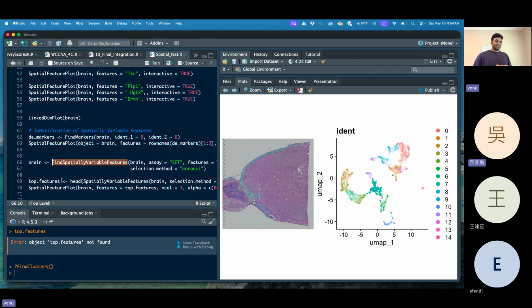So they look at whatever the cell type or gene, as long as the expression level is similar, and using the graph-based algorithm they put it in a single cluster.